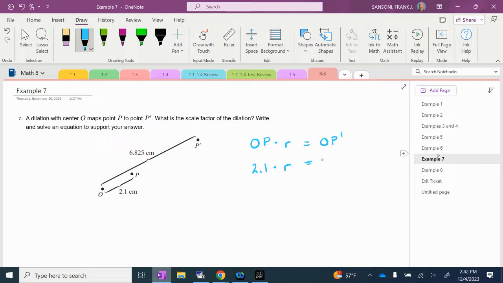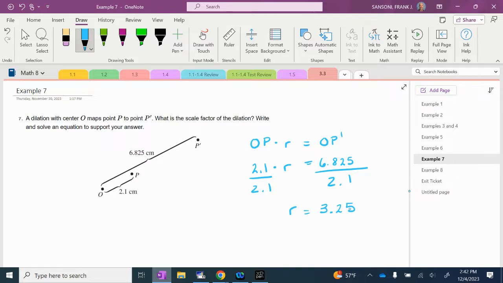What is that? 6.825. So I want to get the scale factor. So I'm going to divide by 2.1. I'm going to divide by 2.1. It's an ugly number, so I'm going to do it on the calculator. 6.825 divided by 2.1. It is a decimal, but it's not a hard decimal. Still not nice. 3.25. The scale factor was 3.25.